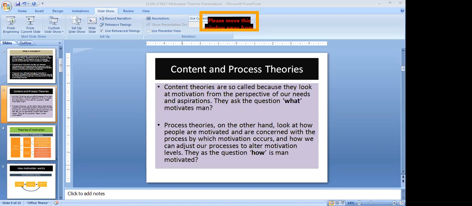The theories of motivation that we're going to study, you will soon see, can be categorized into two groups, which are known as the content theories and the process theories.